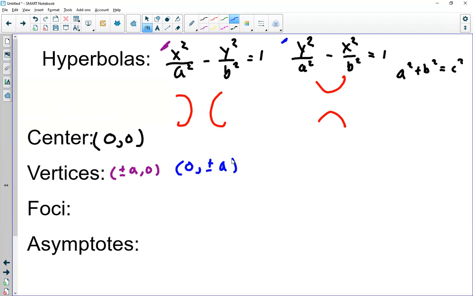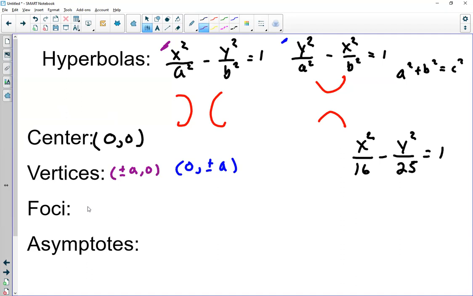Let's say we do this example later, x squared over 16 minus y squared over 25 equals 1. Even though 16 is smaller than 25, the x term is the positive one. So you have to think of it as positive 16 compared to negative 25. That's why I don't describe it as bigger or smaller, and why I avoid using major, because it's not necessarily the most major number.